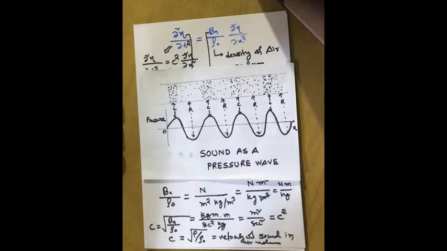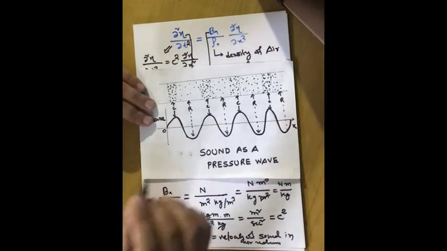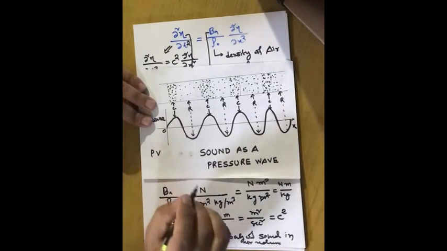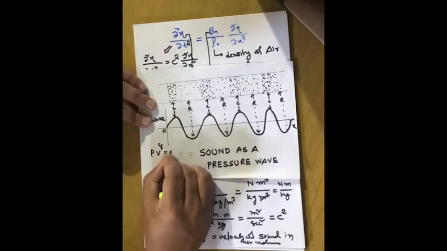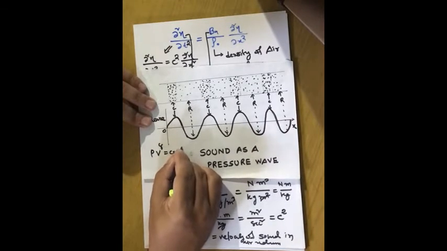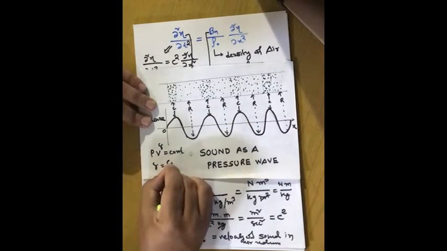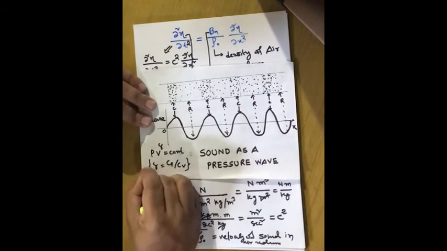If it exchanges, or if the sound energy decreases, then it may be possible that we cannot hear what other people speak. So for that purpose we assume that the propagation of sound through air medium is an adiabatic process, and for an adiabatic process we are going to use this kind of equation: P V to the power gamma is equal to constant, where gamma is nothing but the ratio of Cp by Cv, that you may have known.